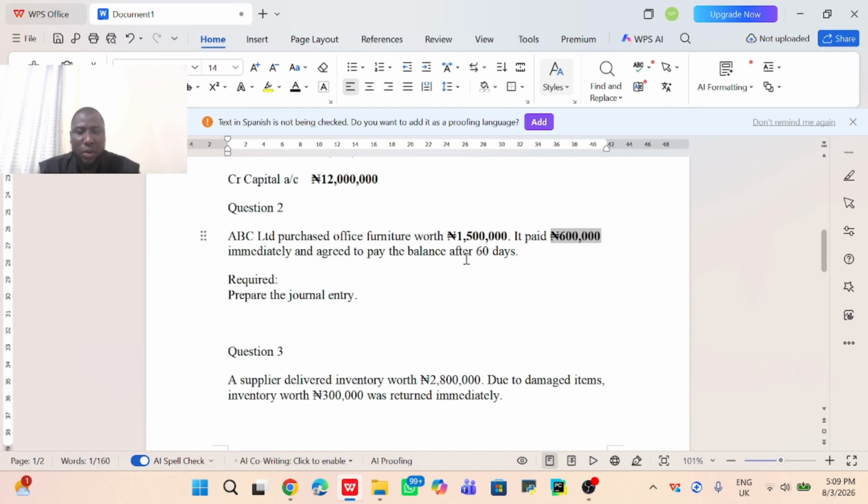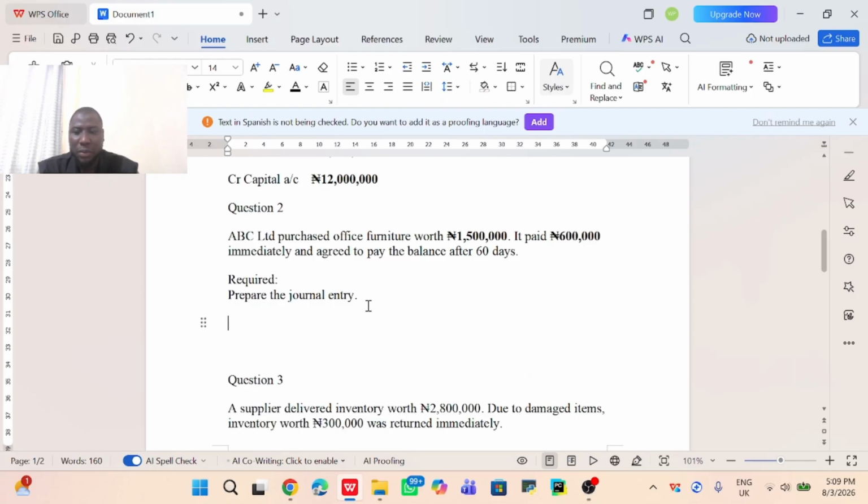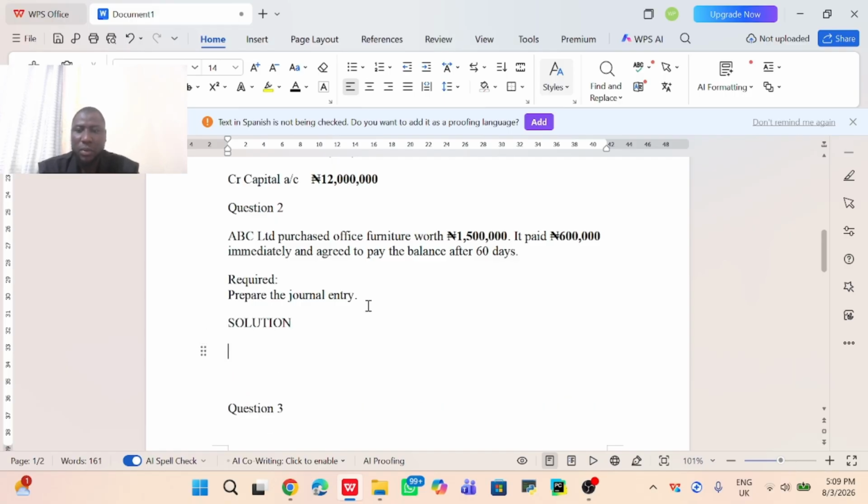Now, we have to understand this very well. Now, solution. Now, back to our step. We have to identify the accounts we need to record our transactions.